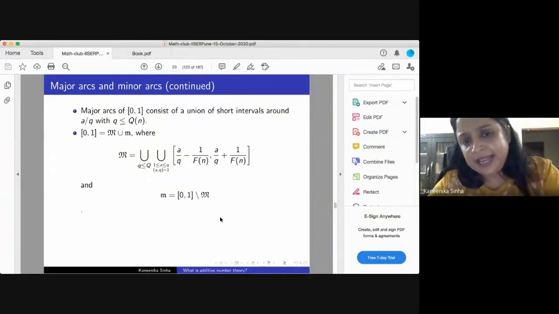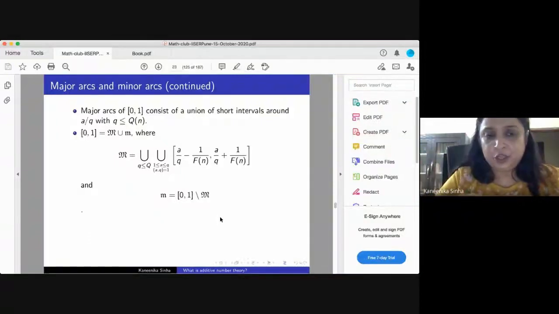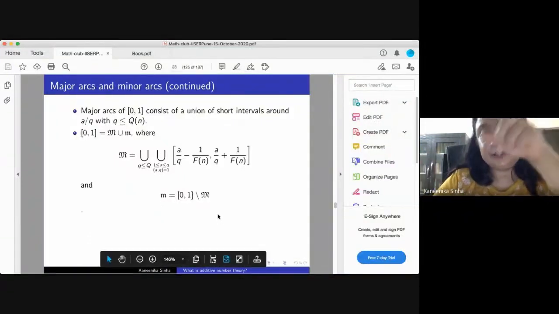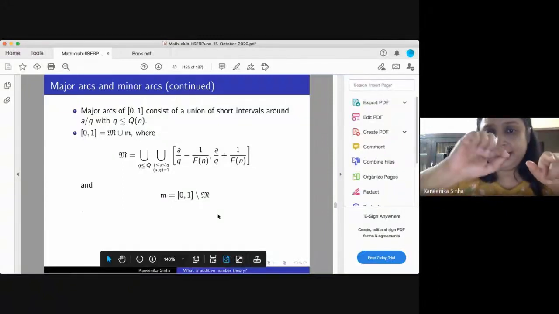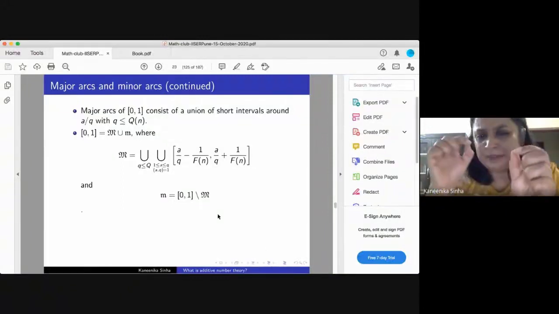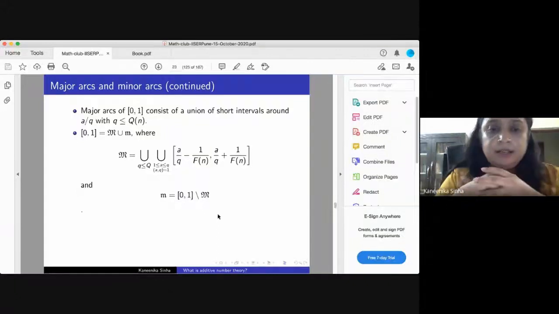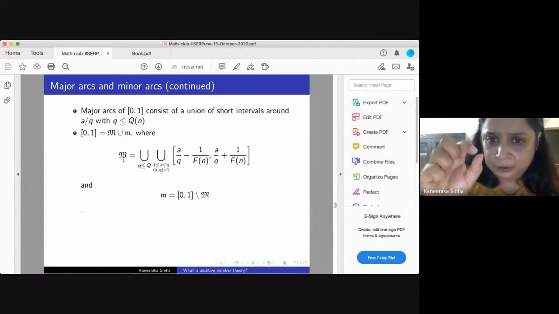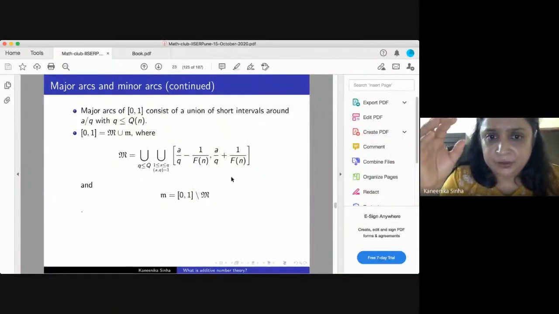Now, if you think about it carefully in terms of the geometry of the circle, the minor arcs essentially consist of the entire circle with just some points taken out. Okay, some very tiny windows taken out. And M consists of those tiny windows which you take out.